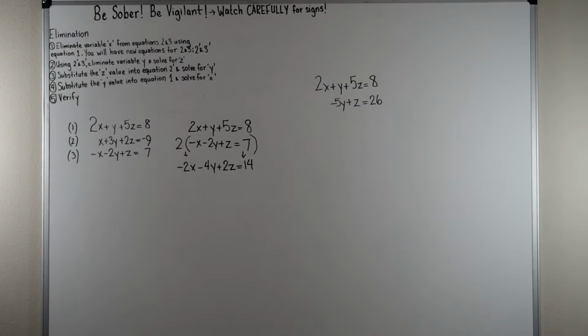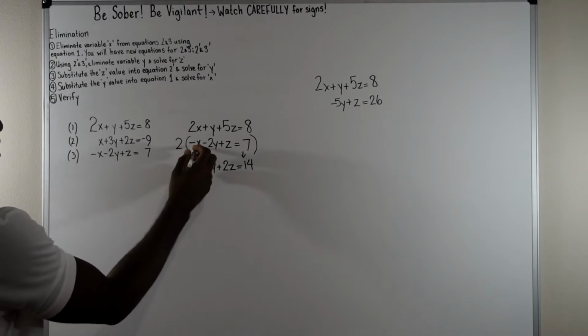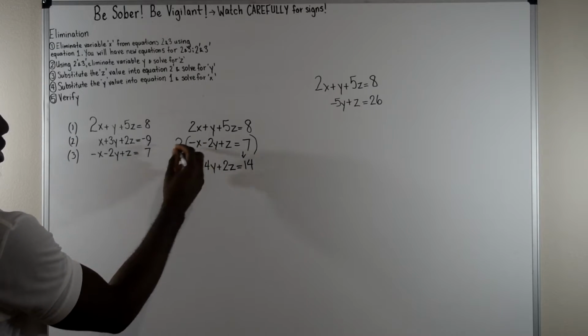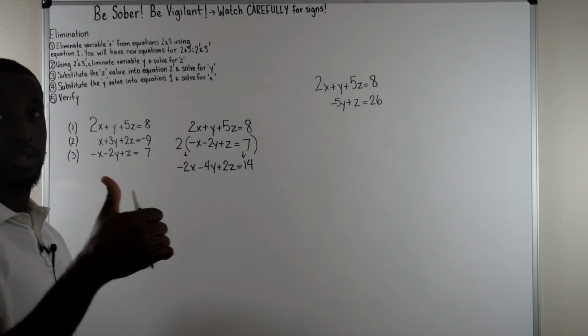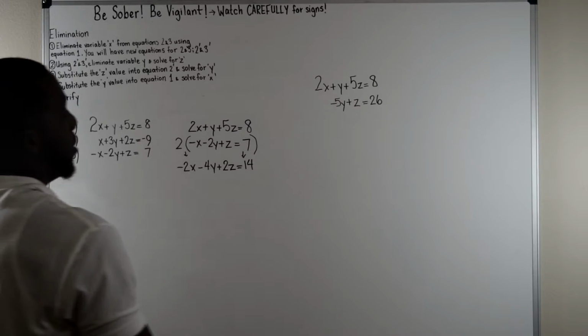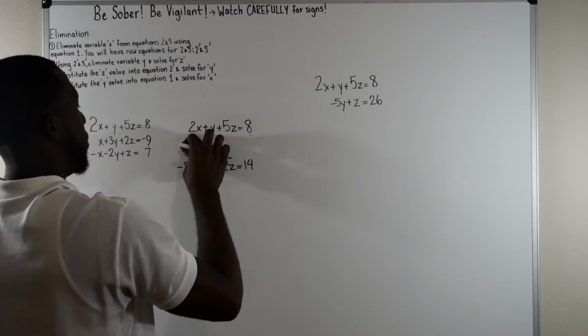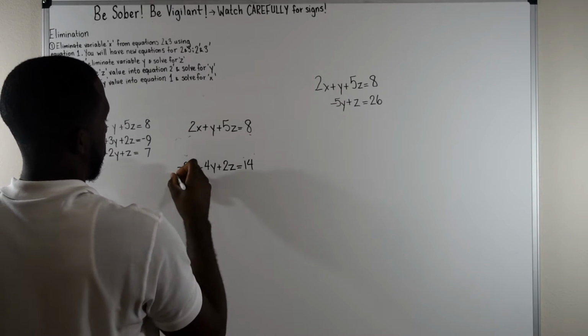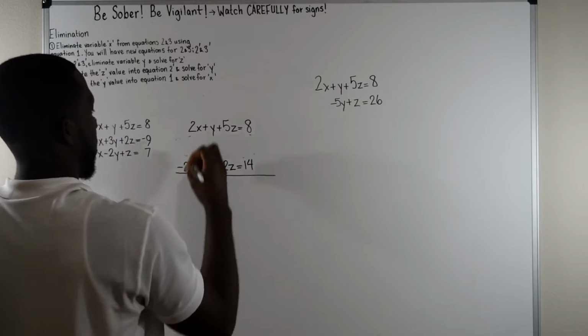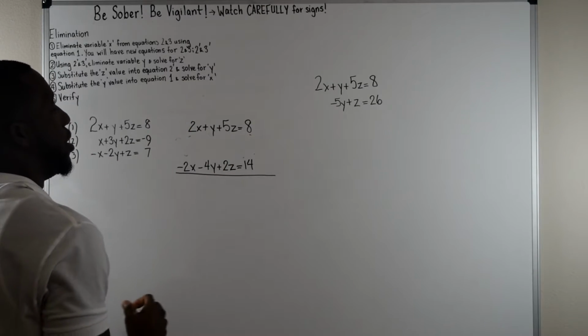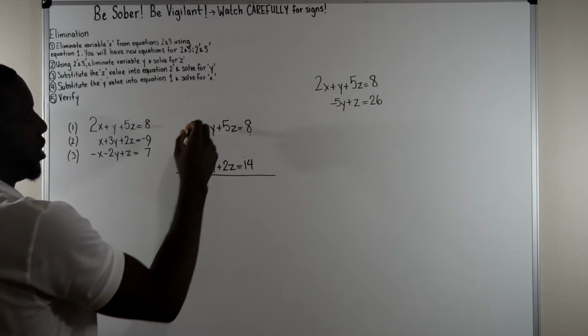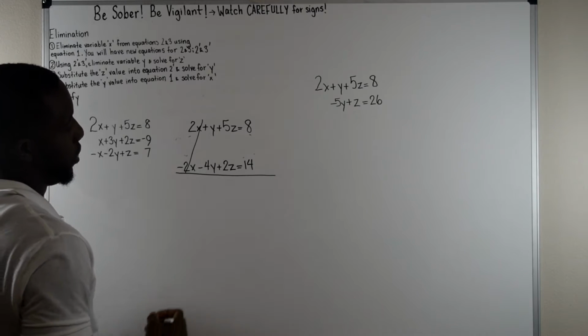Okay, you see that? Let me make sure everything's right. Okay, signs are good. Signs are good, okay? So I'm gonna erase this. And now I'm gonna combine these two. All right, so 2x minus 2x is gone, all right?